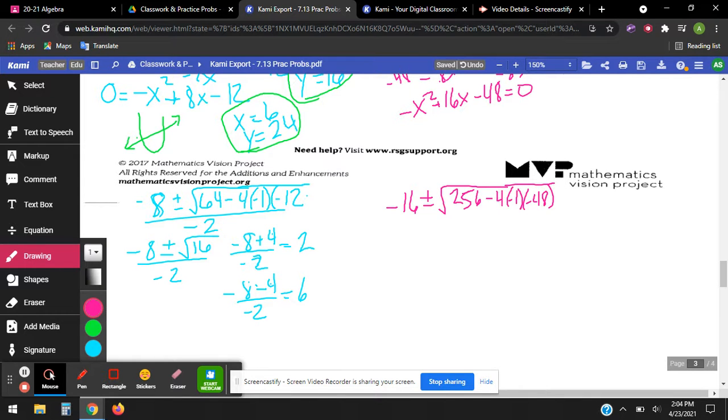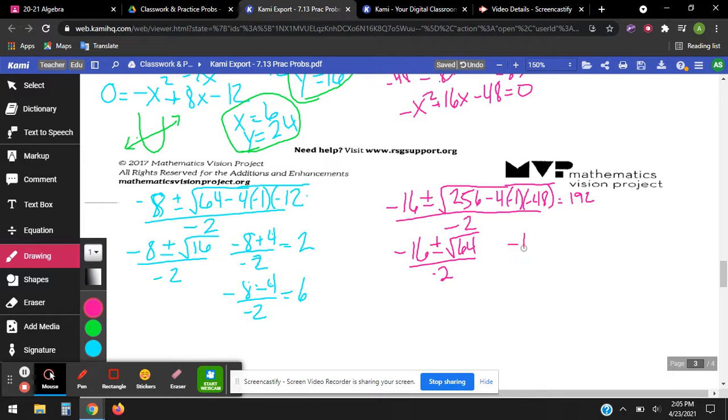So 48 times 4, divided by negative 2. So negative 16 plus or minus 256 minus 192 is the square root of 64, divided by negative 2. Well, that is a nice number.